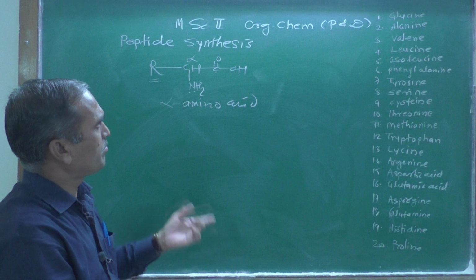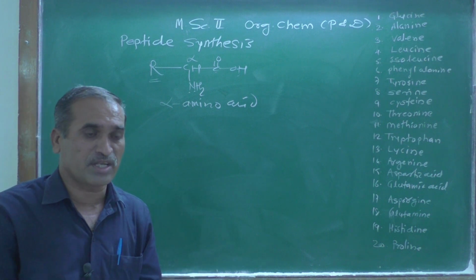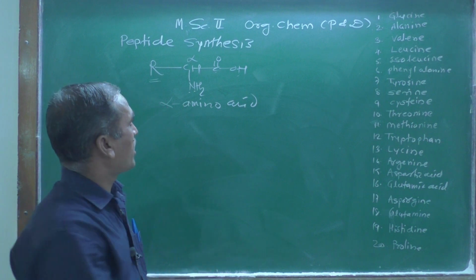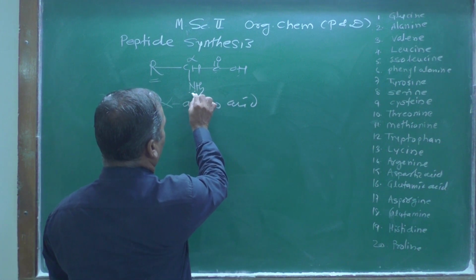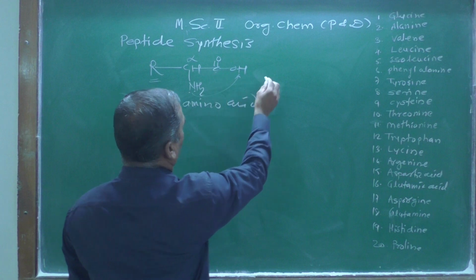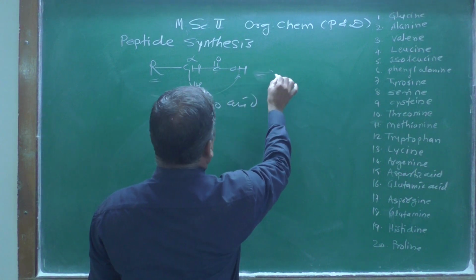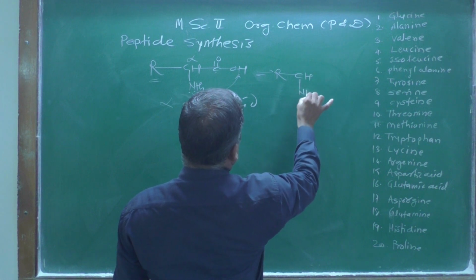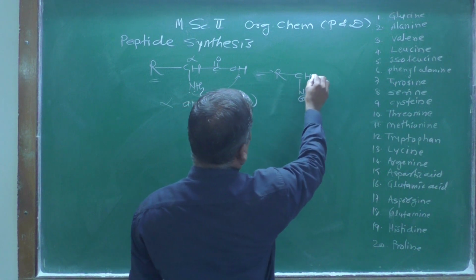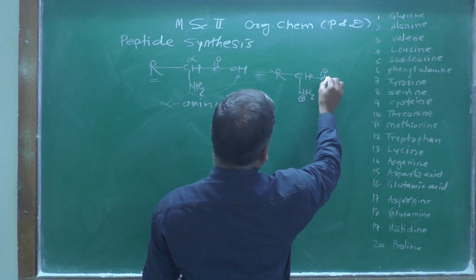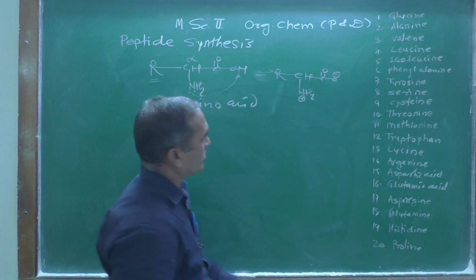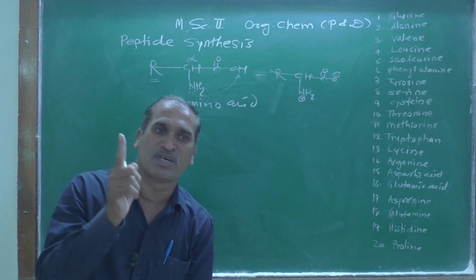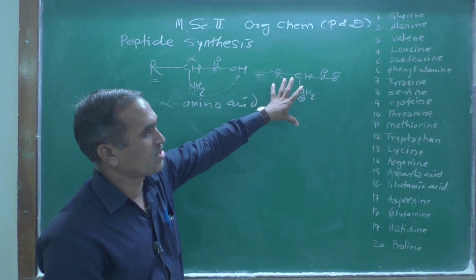These alpha amino acids are present as zwitterions. Do you know the zwitterion? A zwitterion means this lone pair can pick up the proton, and you get the structure R, then CH, NH3 positive charge, and C double bond O minus. Look here, positive and negative charge are present in the same structure.